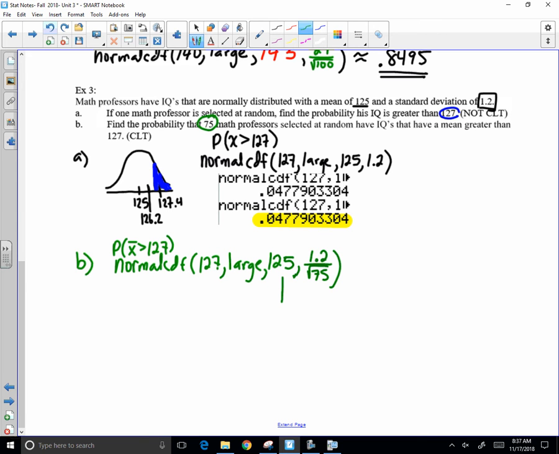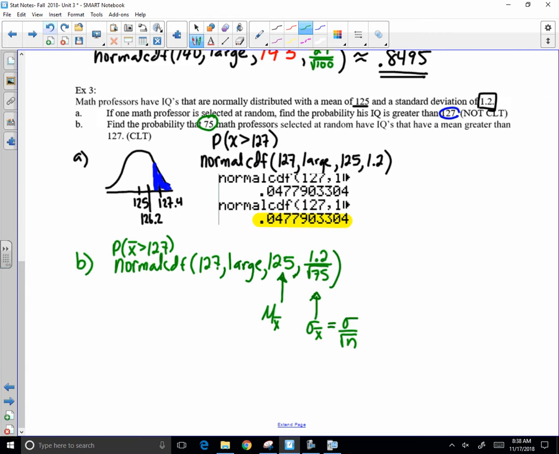All right, because again, this is mu sub x bar, and this is sigma sub x bar, which is the same as sigma over the square root of n. All right. So what's the difference?